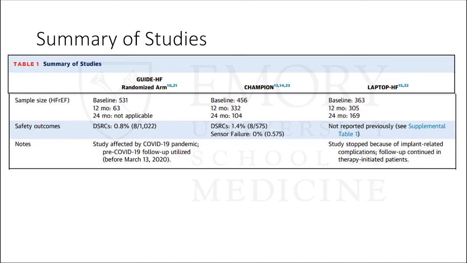All right. And it's important also to take into account sample size. While Guide HF started off with the largest amount of patients at baseline, and this is subsets of the greater studies, looking solely at the heart failure reduced ejection fraction group, you'll see that Guide HF drops off by 12 months and then 24 months, and that is greatly affected by COVID.